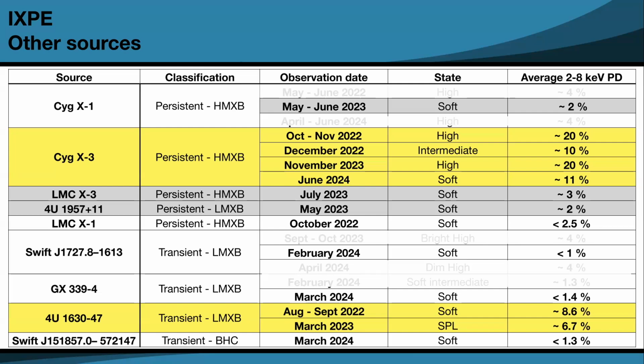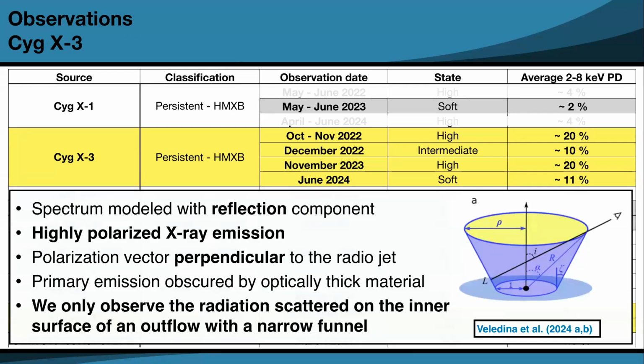Once again, I won't discuss Genius X3 in detail, because that's quite a different situation from the standard soft state sources. In fact, as you can see, the polarization degree is way larger than in the previous ones. We observed a polarization degree as large as 20%. And this high polarization degree, as well as the fact that the spectrum of this source is usually modeled with a dominant reflection component, suggests that we are not observing the primary emission coming from the inner regions of the disk, but this is obscured by an outflow.